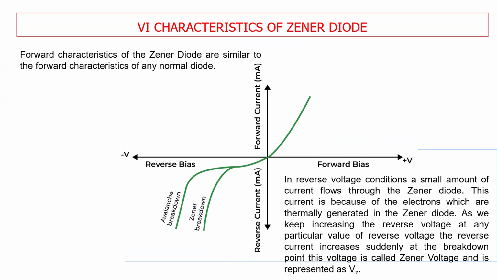At a particular value of reverse voltage, the reverse current increases suddenly at the breakdown point. This voltage is called the Zener voltage, at which the current increases suddenly.